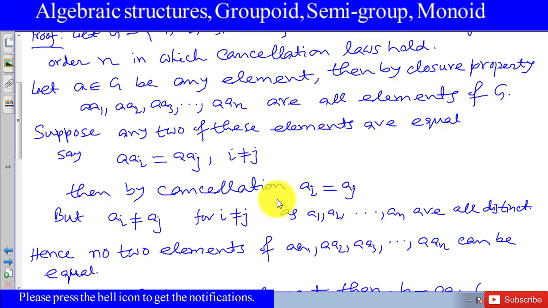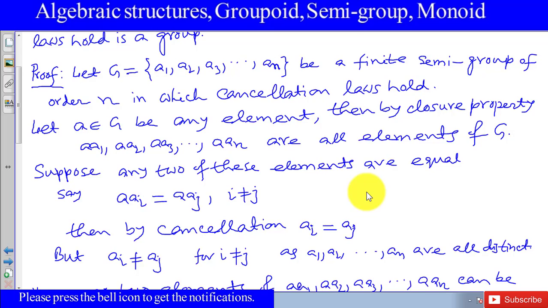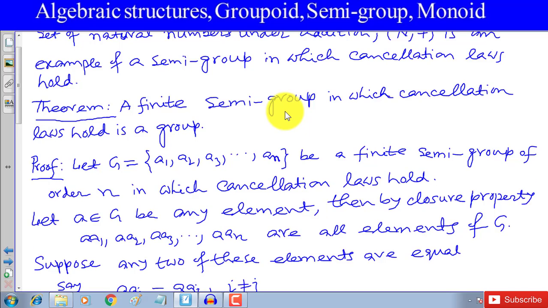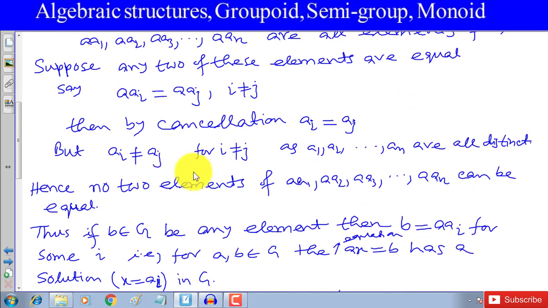Then by cancellation laws Ai is equal to Aj, since cancellation laws hold in this finite semigroup. But Ai is not equal to Aj, for i not equal to j, as A1, A2, up to An are all distinct. Hence, no two elements of AA1, AA2, AA3, up to AAn can be equal.